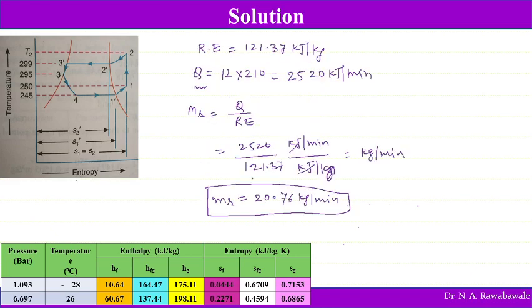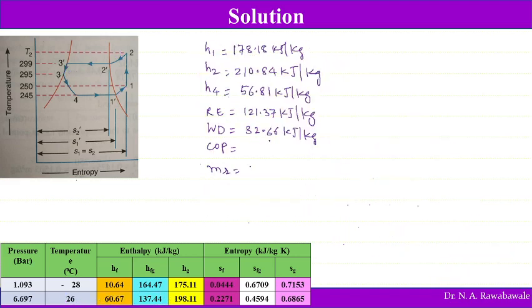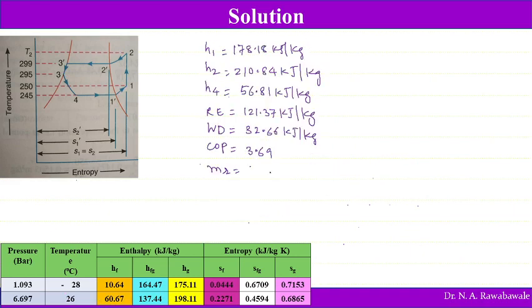COP is 3.69, and mass flow rate of refrigerant is 20.76 kg per minute.